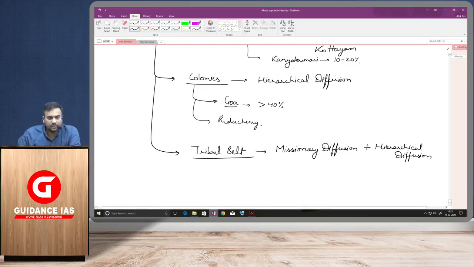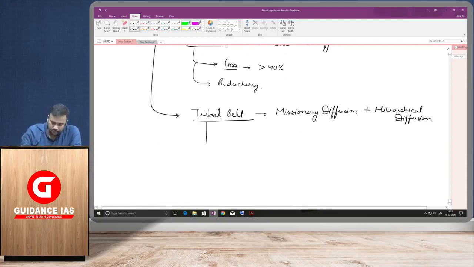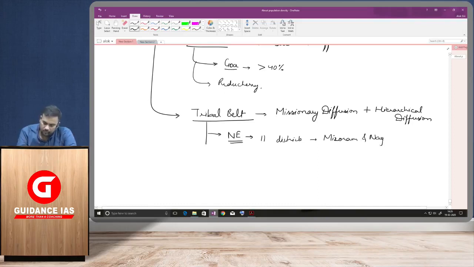In this tribal belt, one important area which has been very much affected is northeastern India. In northeastern India, there were about 11 districts, mostly spread in Mizoram and Nagaland, where the concentration was above 90%.